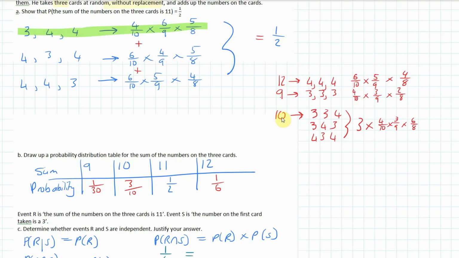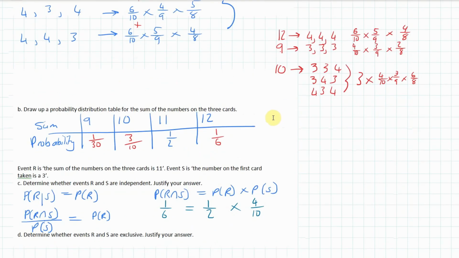Now, what is the probability of R? R, the sum of the three numbers being 11, is 1/2, and S, the first card taken being a 3, is a 1/4 chance. But 1/6 is not equal to 1/2 times 1/4. Therefore, R and S are not independent.